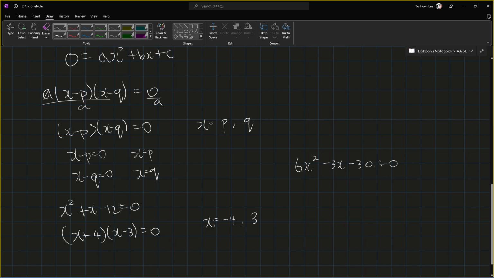Another reason is that some polynomials are impossible or very difficult to factor. Let's take x squared plus 15x minus 3 equals 0. This is nearly impossible to factor.